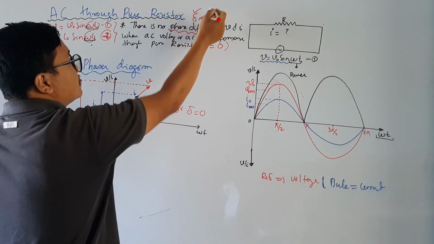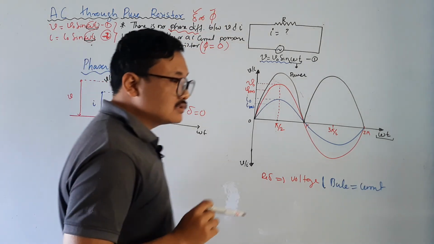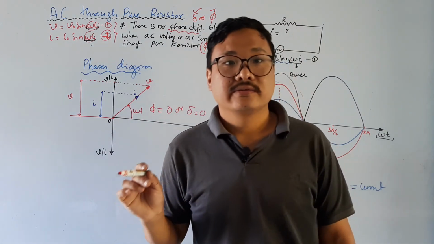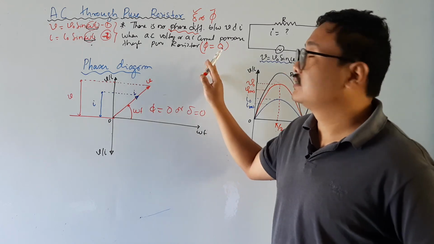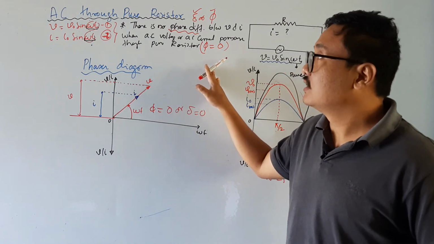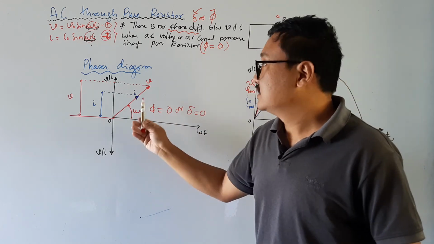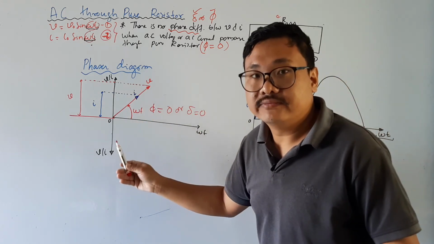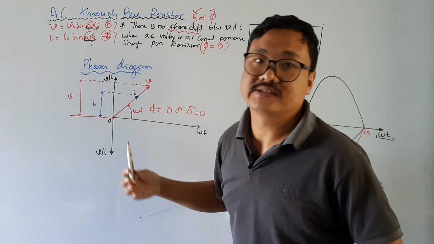Phase difference is denoted by delta and phi. When there is no phase difference, in which situation? The situation is when AC current passes through a pure resistor. So this must be the phasor diagram for a pure resistor when AC passes through it.